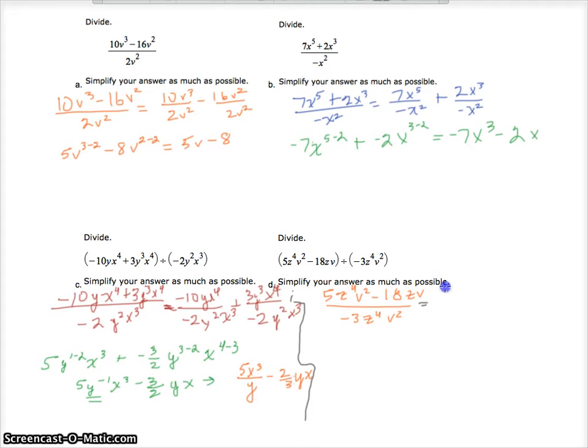This is going to be 5z to the 4th v squared over negative 3z to the 4th v squared minus 18zv over negative 3z to the 4th v squared.